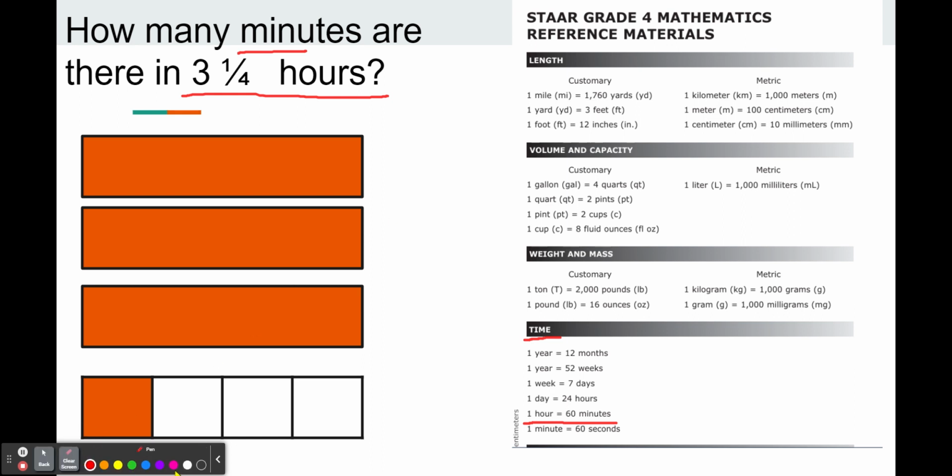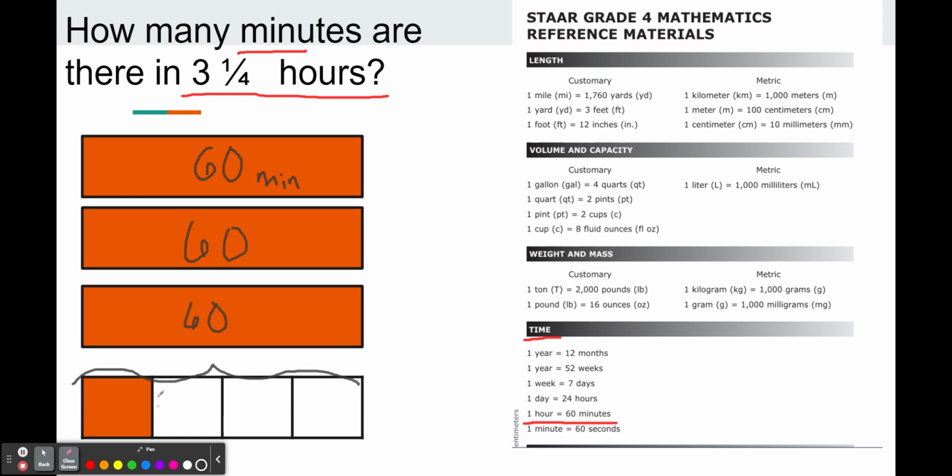Well, I know in 1 hour, we have 60 minutes. Right? So I have 60 minutes in each hour. Okay, but then I have 1/4 of an hour. So I know all of this is going to equal 60 minutes for this whole portion, but I don't have the whole portion.